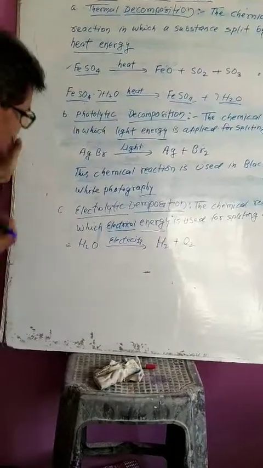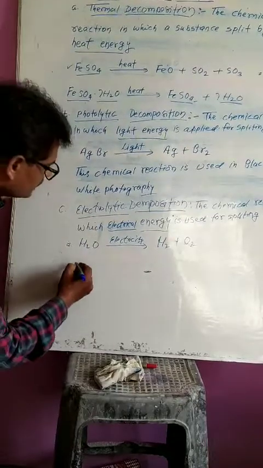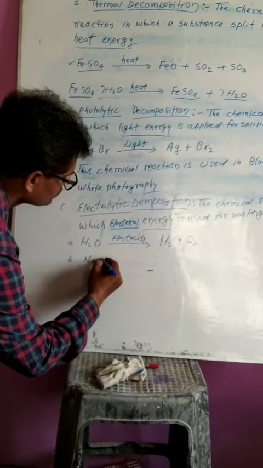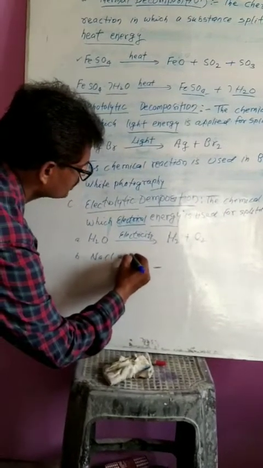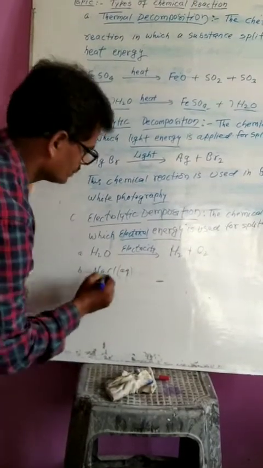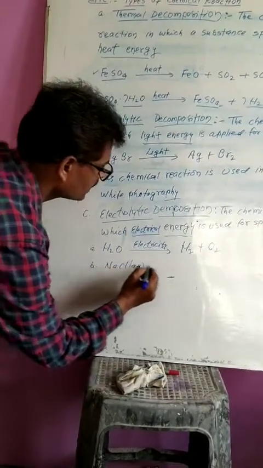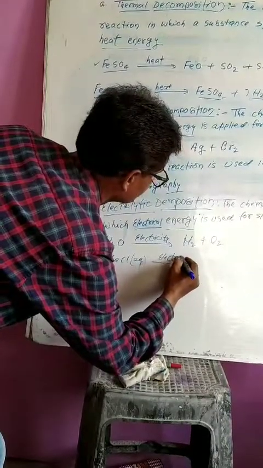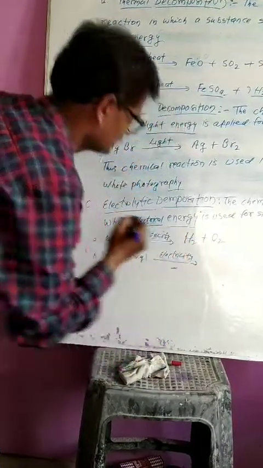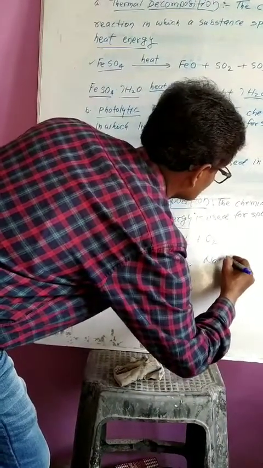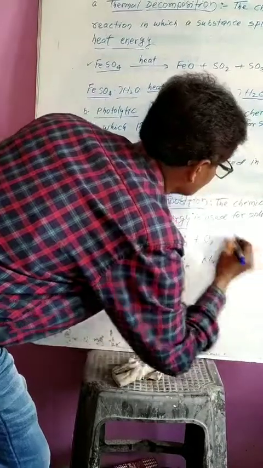Similarly, we may take another example. NaCl, aqueous solution. When electric current is applied, then it splits into sodium plus chlorine gas.